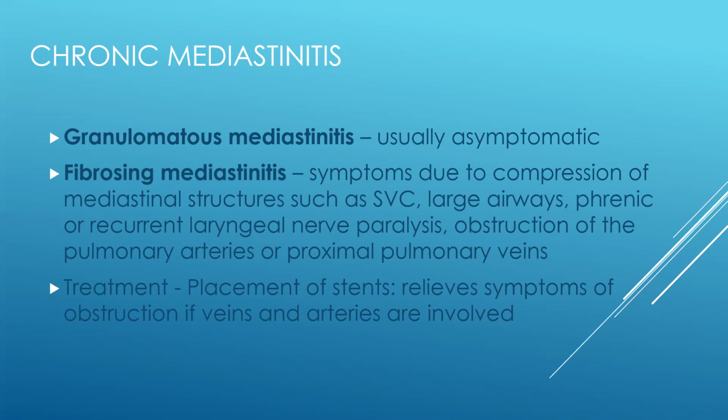You can have obstruction of your pulmonary arteries as well as pulmonary veins. Treatment, if you have compression of these structures, is that stents can be placed so that there can be relief of the obstruction of those structures.